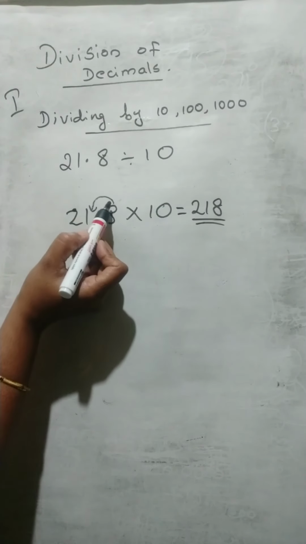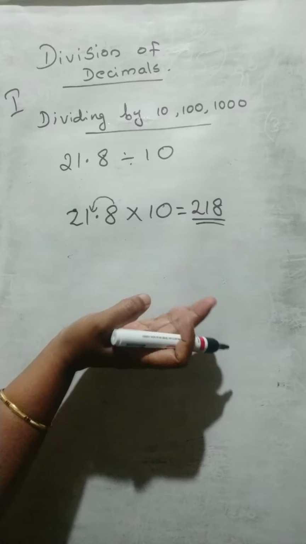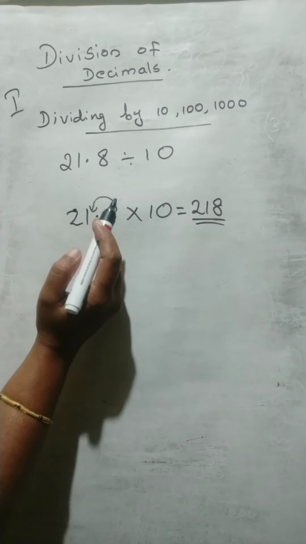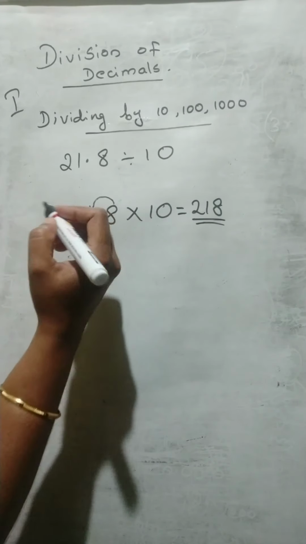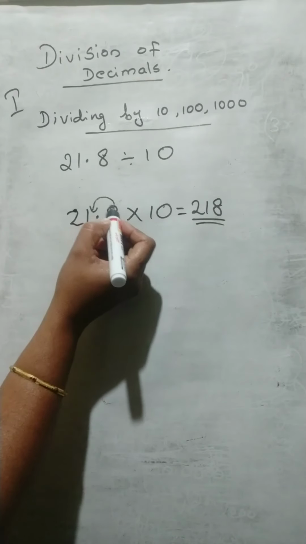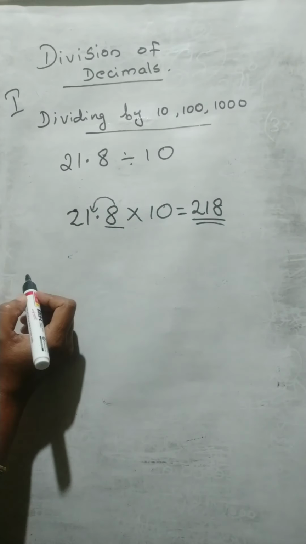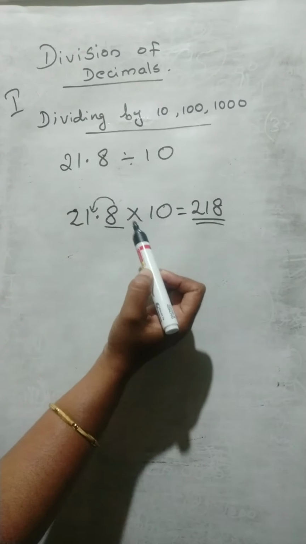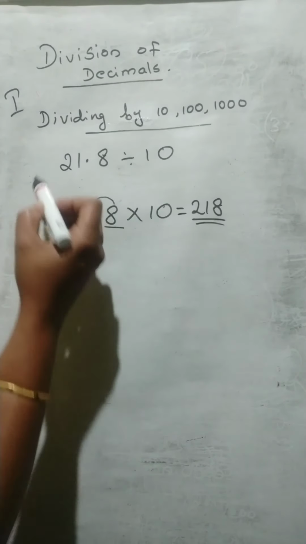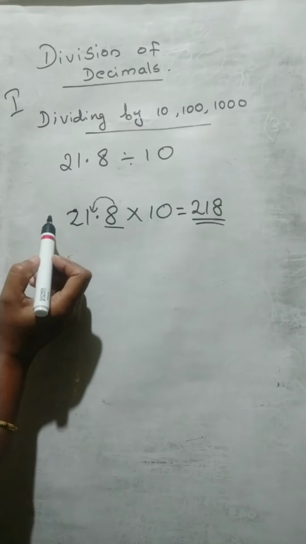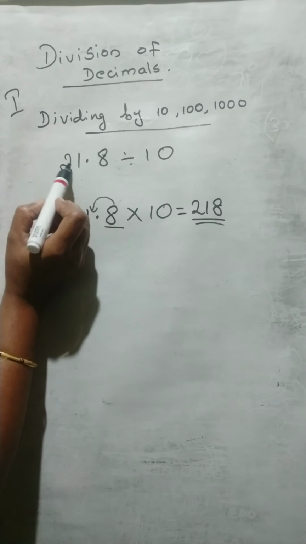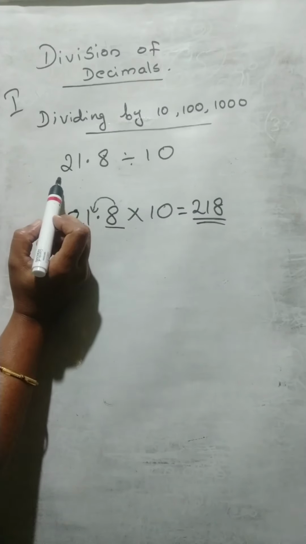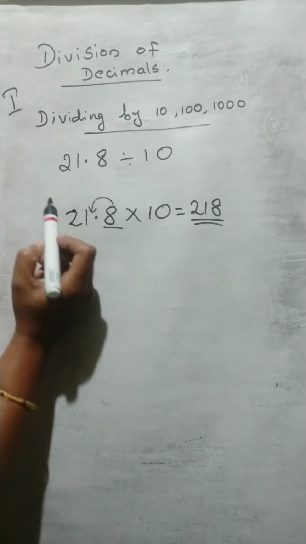So here we have to take a digit from the decimal part and keep it before the decimal point in multiplication. But in case of division, it is very clear, we have to take a digit before the decimal point.